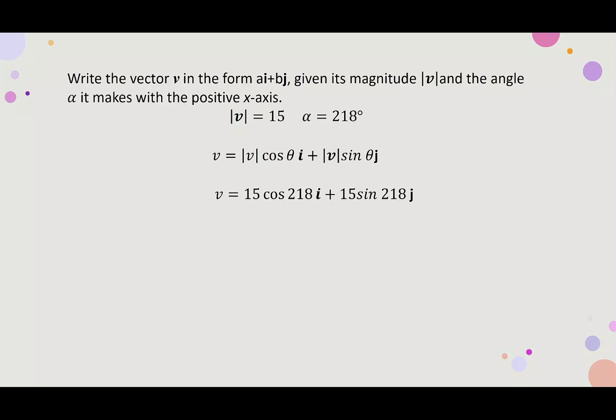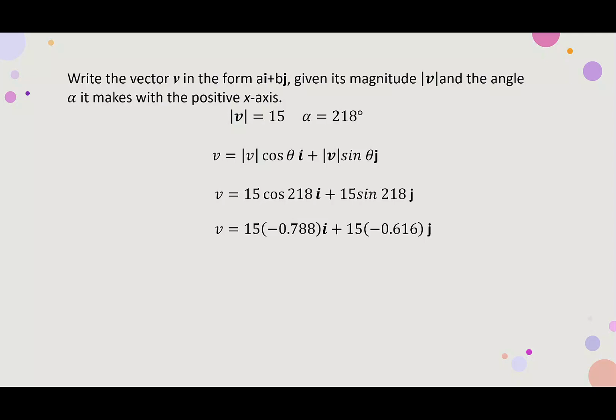218 is not a value we have from our unit circle, which means we need to grab our calculators. As always, the first step you should do when you grab your calculator is check your mode and make sure it's put in degrees. Rounding to 3 decimal places, I have v is 15 times negative 0.788 i plus 15 times negative 0.616 j.